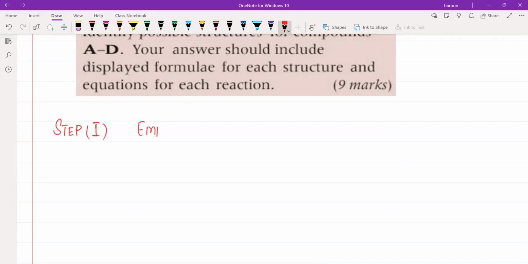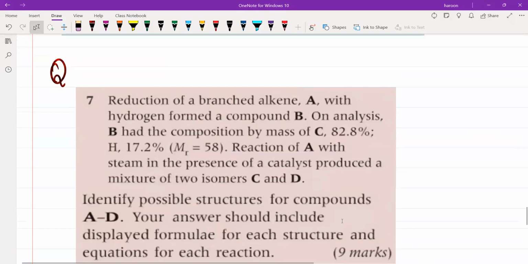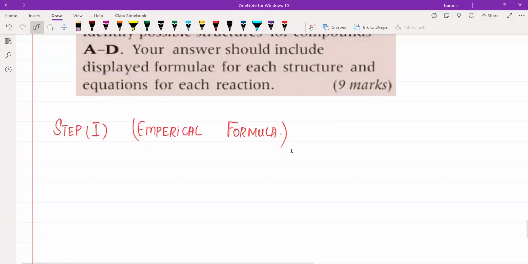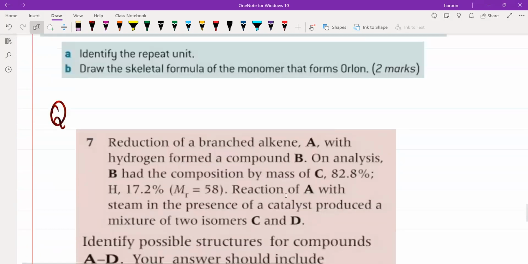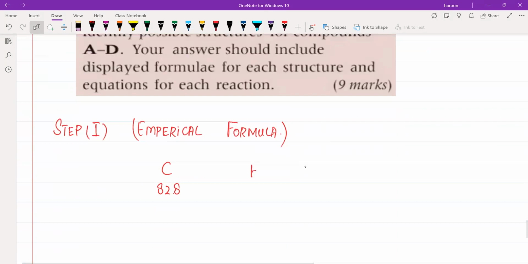I told you in the last lecture how we can find the empirical formula. For the empirical formula, we have the percentages of carbon and hydrogen. The carbon is 82.8%, while hydrogen is 17.2%.